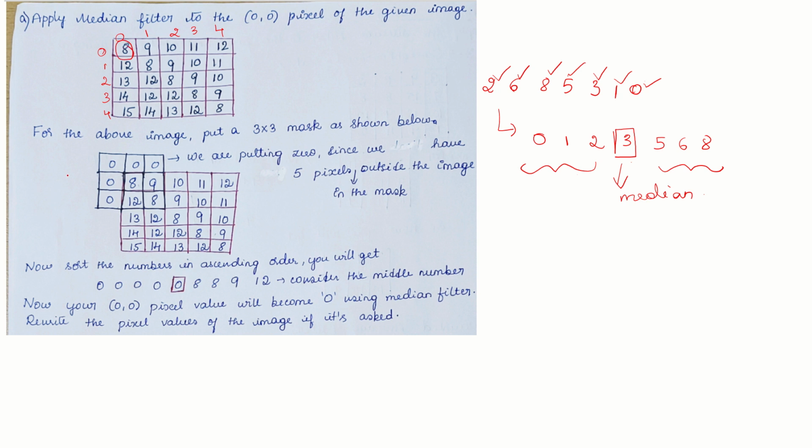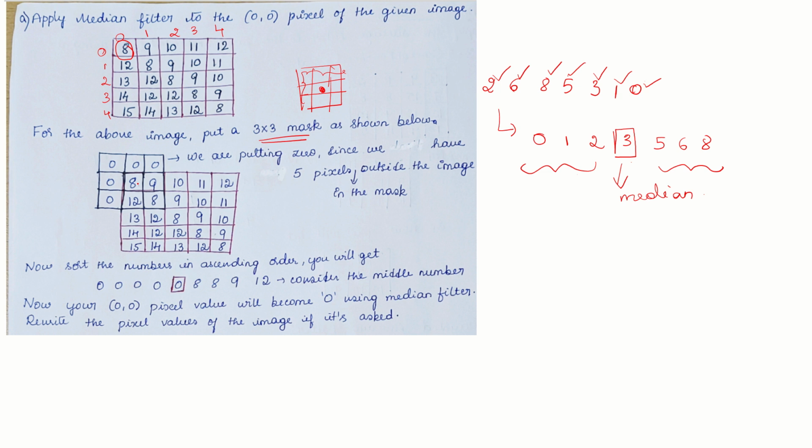To this I have to apply the filter. But if I apply a 3 cross 3 mask and place its center pixel on my 8, that is the 0, 0 pixel, I can see that some of the elements will not be present.